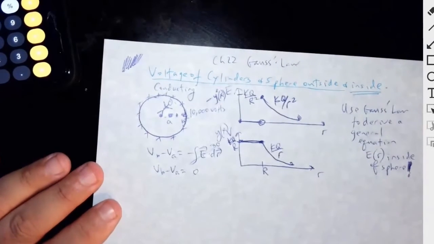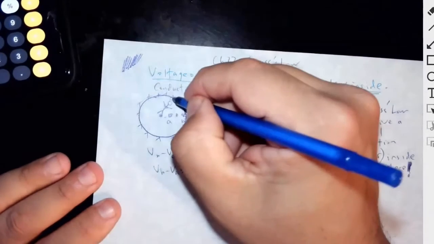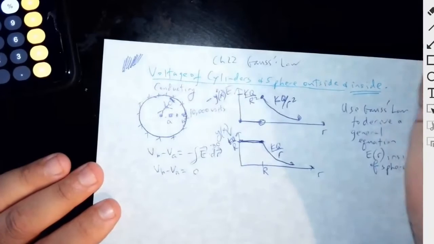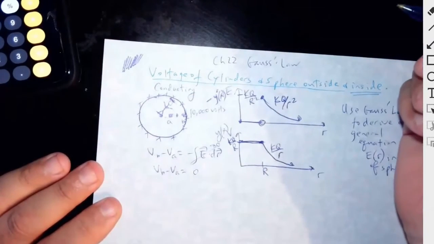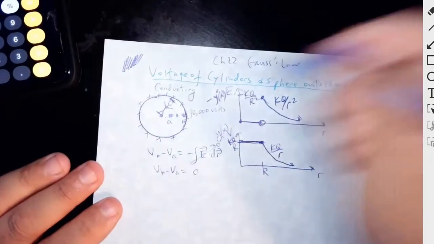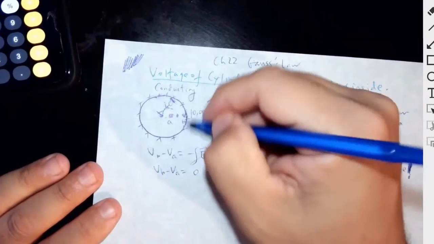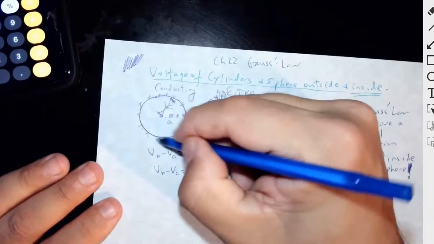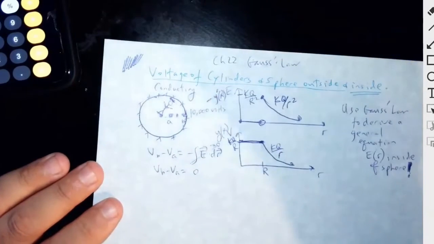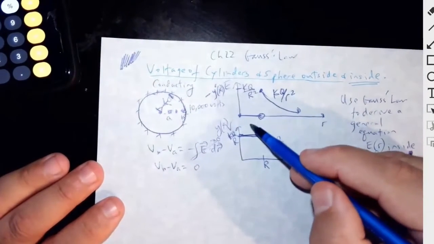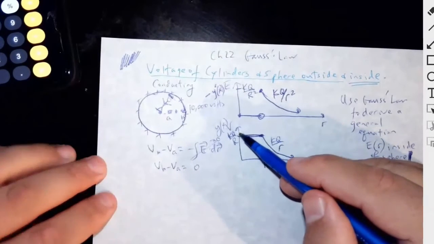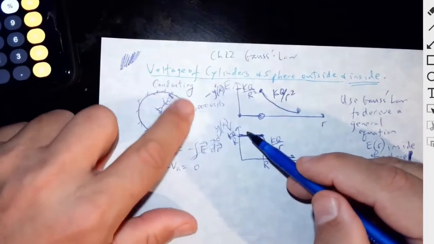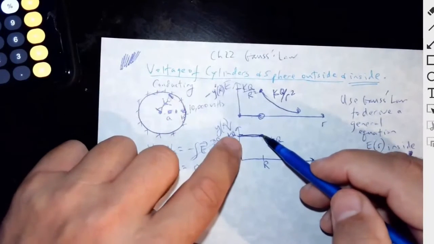The answer is yes, because your head will be at 10,000 volts and your legs will be at 10,000 volts. This is what's known as a Faraday cage. As long as you're inside of a charged sphere which is conducting, the electric field there will be 0, and all points of the sphere will be at the same voltage.